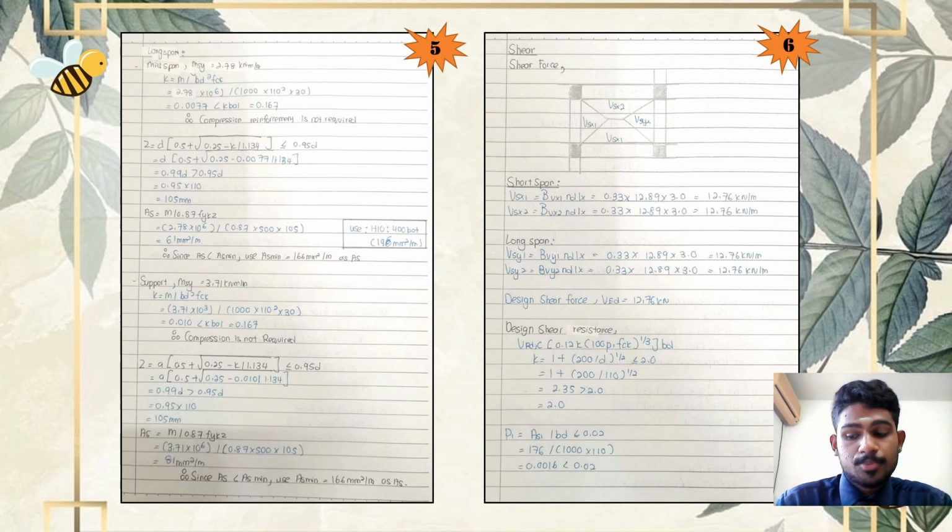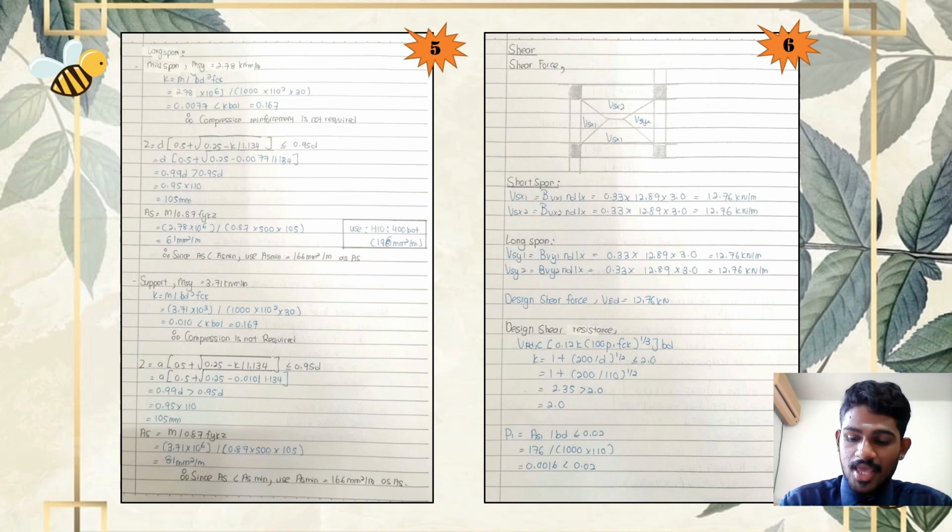So the compression reinforcement is not required because the K that we get is less than K balance, which is 0.167. The Z value that we get is 0.99D, which is also more than 0.95D, the original value. So we should use the original value to find out the Z, 0.95 times 110. So you will get the Z as 105 mm.